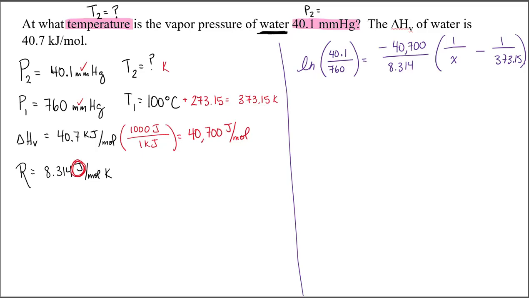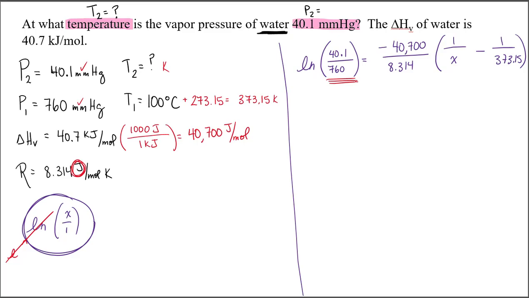Something I'm thinking to myself is, I don't need e to the power of both sides. The only time you need e to the power is when the natural logarithm has a variable inside it. Here, whatever is inside the natural logarithm has no variable in there. So the natural logarithm of 40.1 over 760 is just a number.